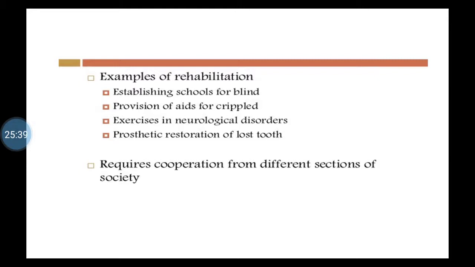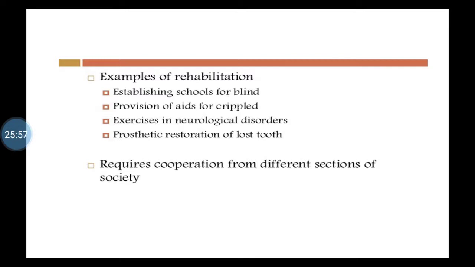So this requires cooperation from different sections of society. Private organizations are there, private groups are there, the Red Cross Society or other private groups, Rotary Club, Rotaract Club, isn't it?